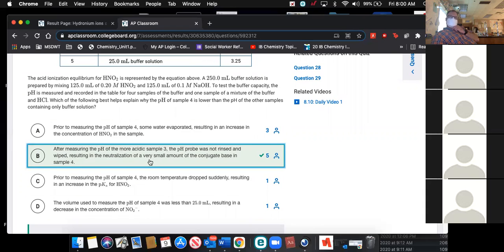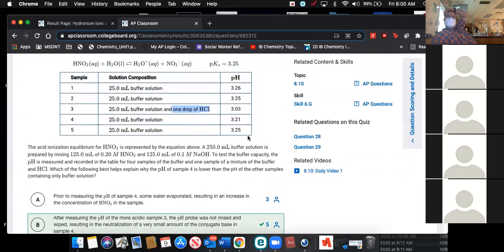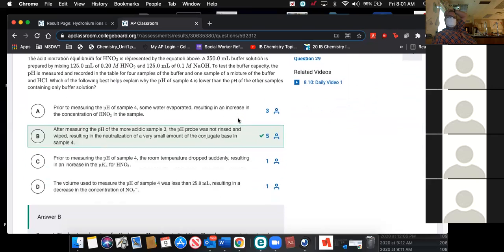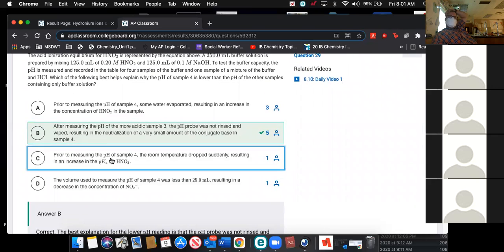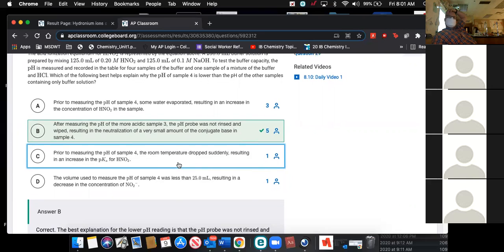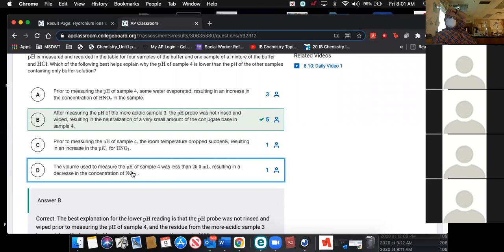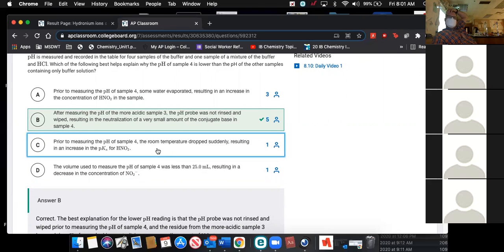After measuring the pH of the more acidic sample 3, the pH probe was not rinsed and wiped. Yeah, if that's the case, if they did not rinse the pH probe after measuring this one with the HCl in it, that would definitely make it lower. Prior to measuring the pH of sample 4, the room temperature dropped suddenly. The volume used to measure pH of sample 4 was less than 25 milliliters, resulting in a higher concentration.